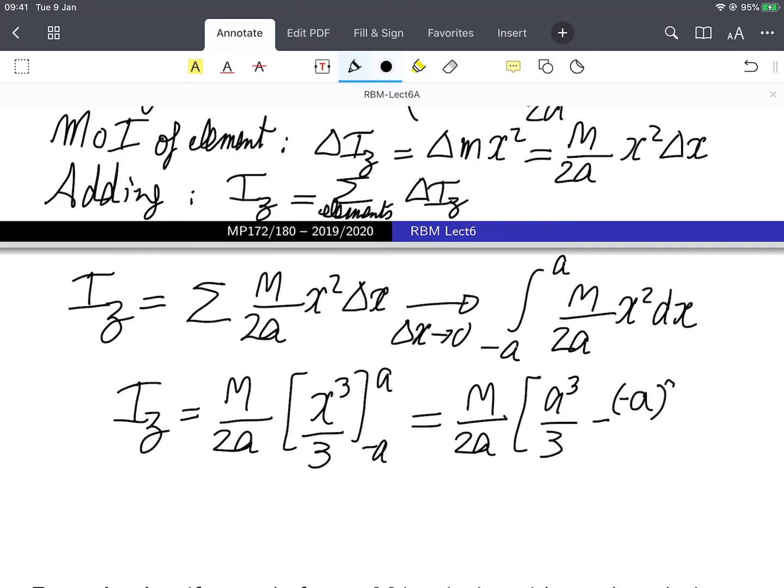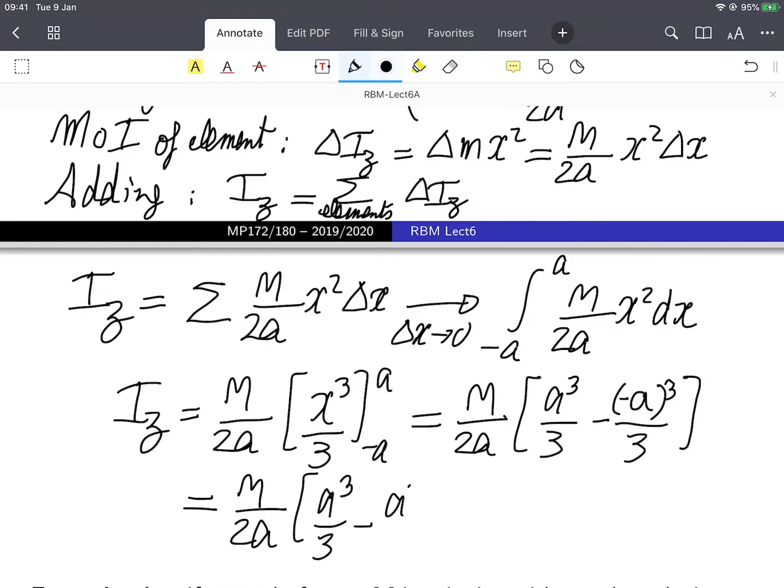Have to be careful here, because minus a cubed is minus a cubed. So it's a cubed over 3 and then, with the minus, there's going to be a plus, a cubed over 3, so 2a cubed over 3.